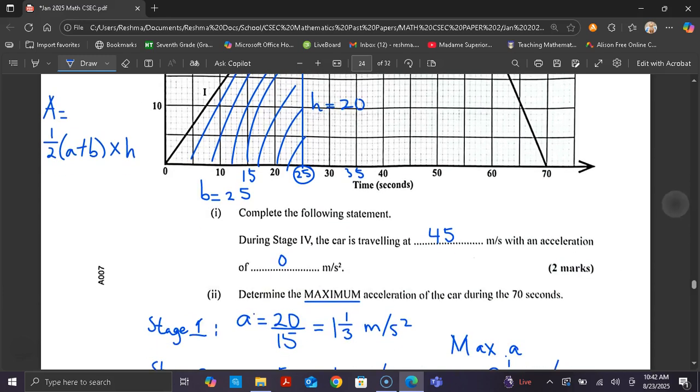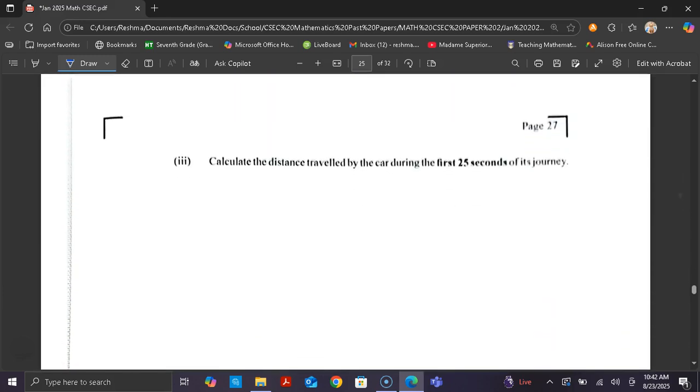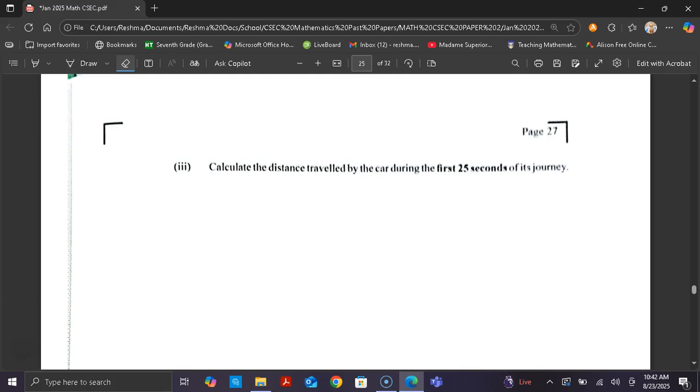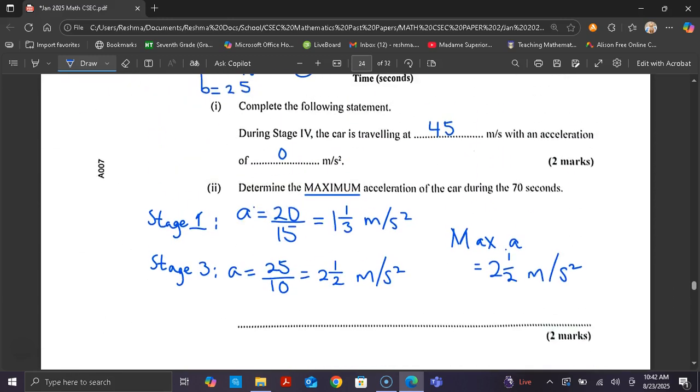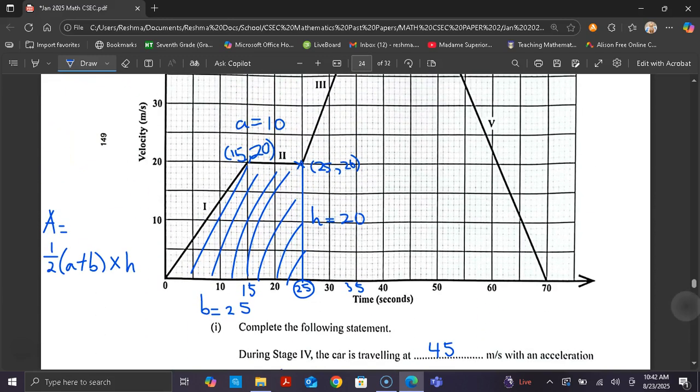So let's substitute all of that. For distance traveled by the car, I'm using S for distance, or sorry, S is used for displacement, so let's use D. D is again a half of (A plus B) times height. A is 10, B is 25, H is 20.